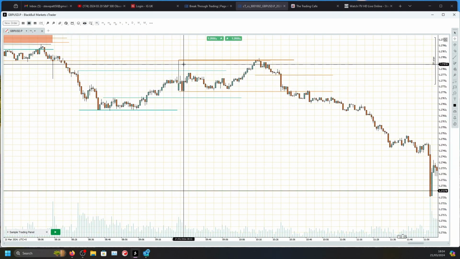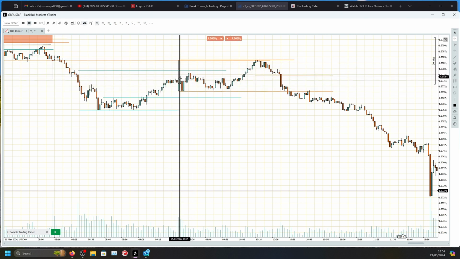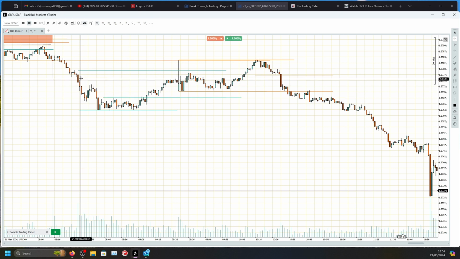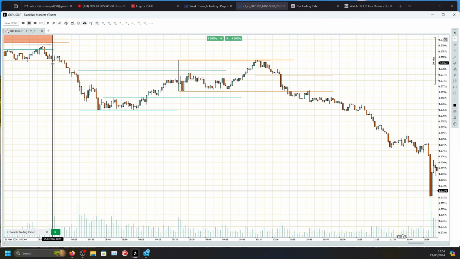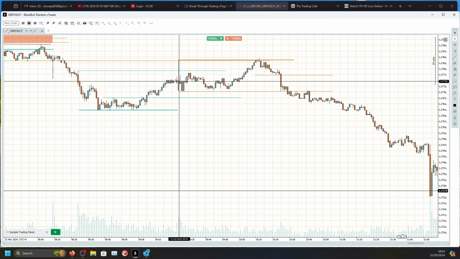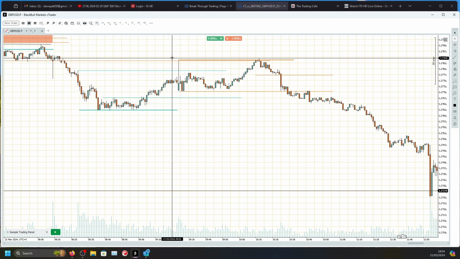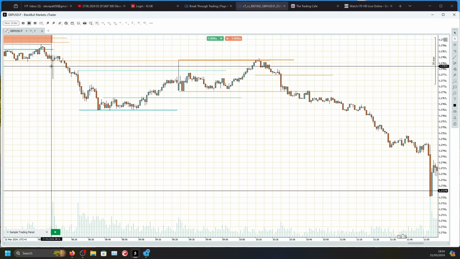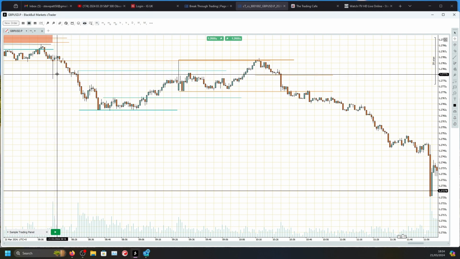Yeah, because there's the 9:30 candle, and that's a 1 minute chart again. You can see we've got the opposite of what was happening here. There we had a bullish wick, here we've got a bearish wick. So there's obviously selling happening here, just as there's buying going on there.